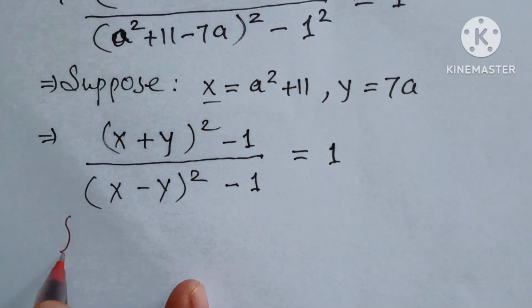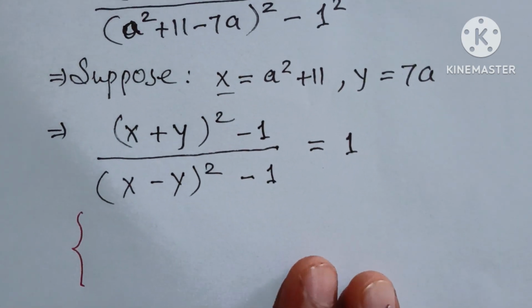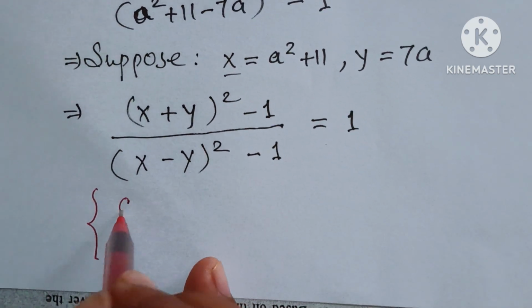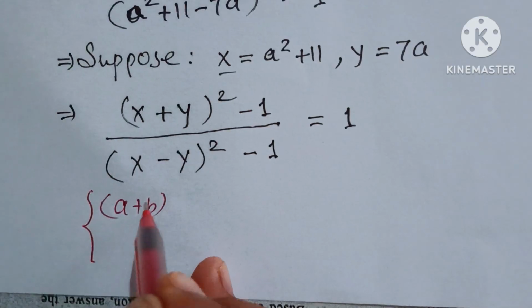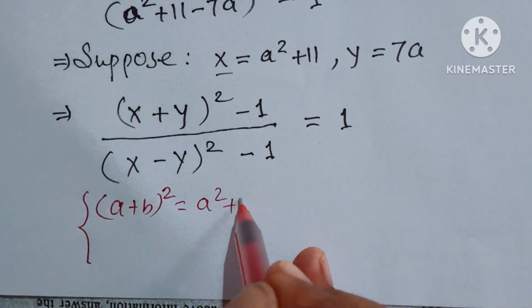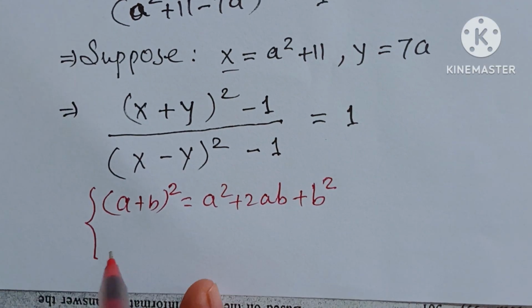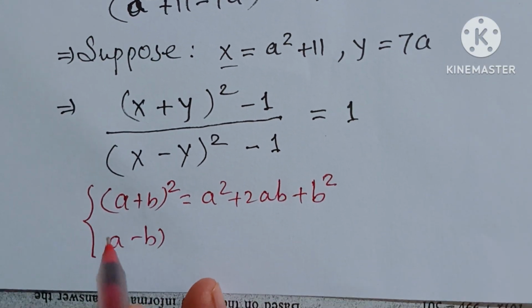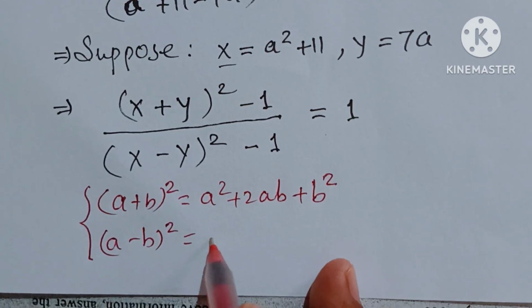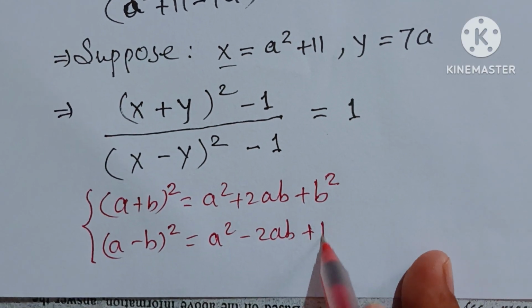Here we will use two identities, the (a plus b) and (a minus b) identities. (a plus b) whole square equal to a square plus 2ab plus b square. (a minus b) whole square equal to a square minus 2ab plus b square.